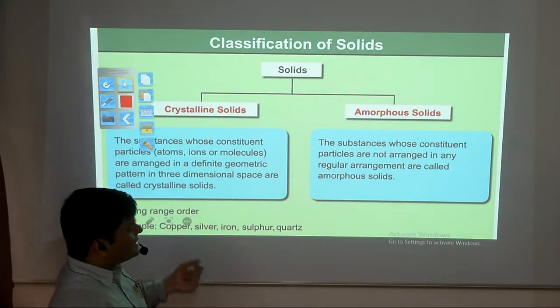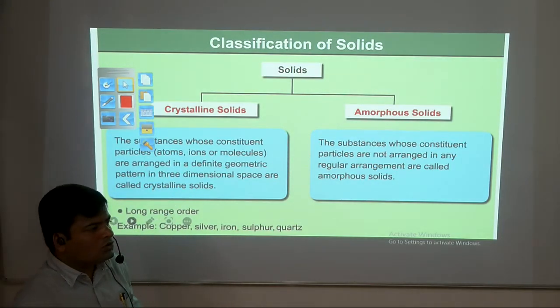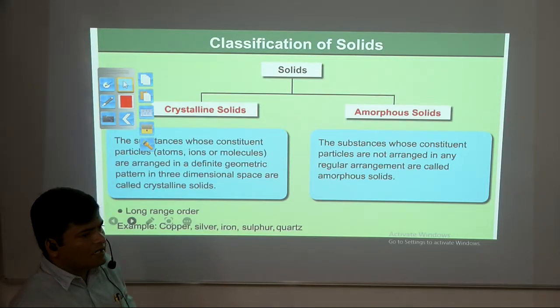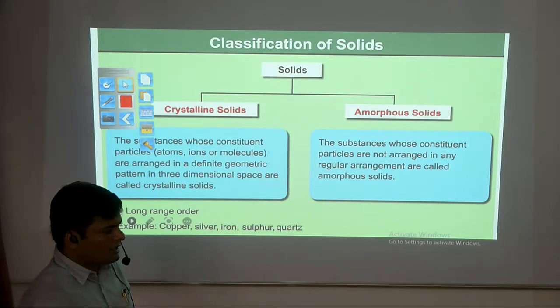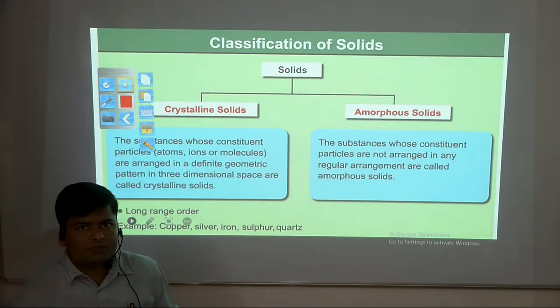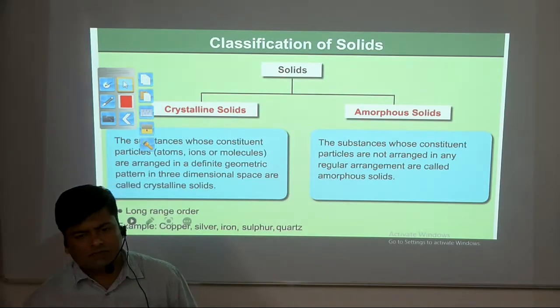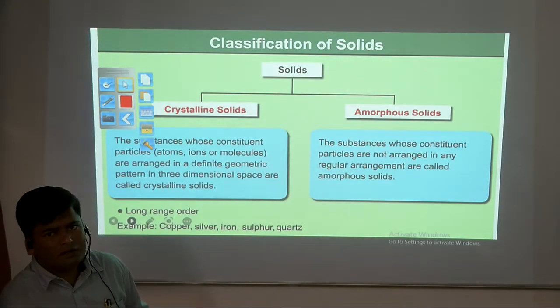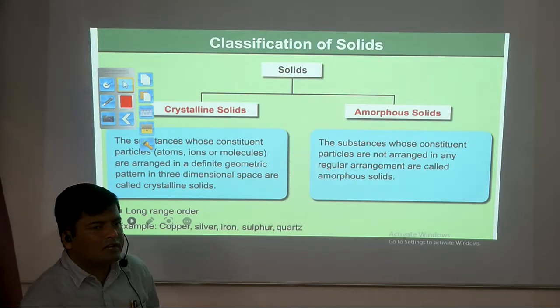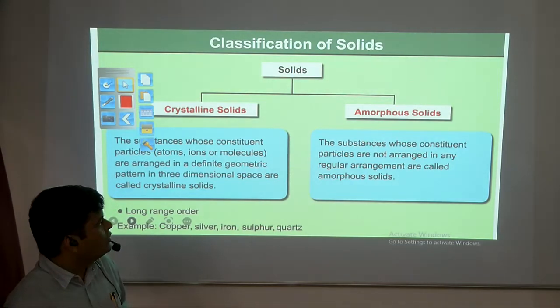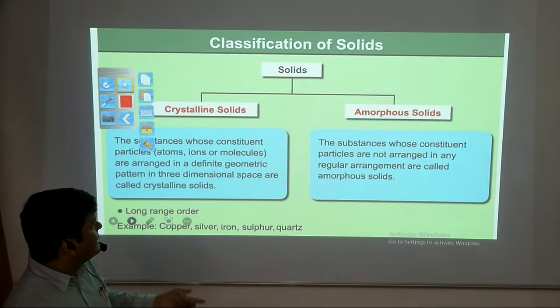So crystalline solids are substances whose constituents, atoms, molecules or ions, are arranged in a regular manner in three-dimensional space, whereas an amorphous solid is a substance in which the constituents are irregularly arranged, not in a regular manner. So this is about crystalline and amorphous solids.